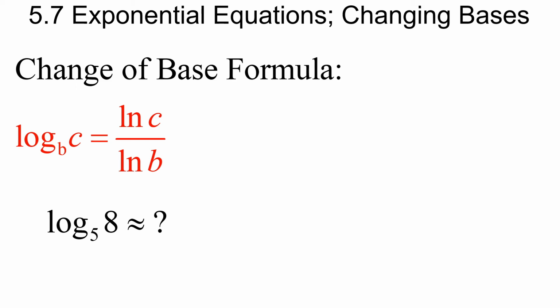Here we go. The natural log of 8 divided by the natural log of 5. And I hope you're doing this with me. I'm getting 1.292029674. So let's see what we rounded that to. How about 1.29? That looks great. And that is how we use the change of base formula.